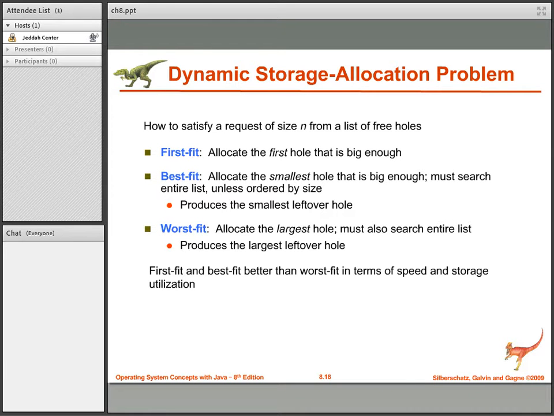To perform this algorithm, the entire list of holes has to be searched so that you can identify which hole fits best the incoming process.